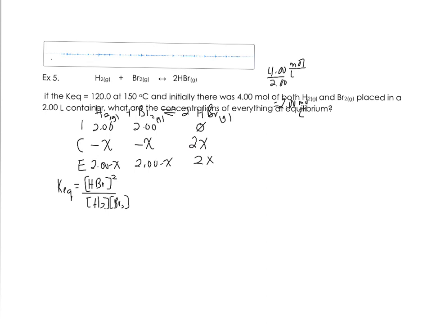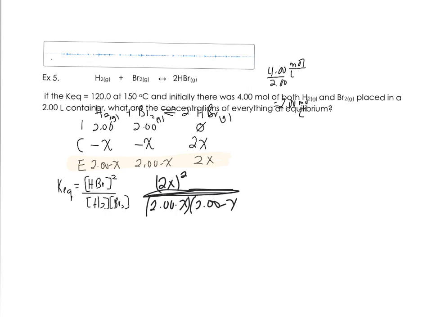We have, for HBr at equilibrium, so we're taking the information always from our E line in our ice table, because that's at equilibrium. So we substitute in these values. So we have 2x, don't forget to square it, over 2 minus x, 2 minus x.